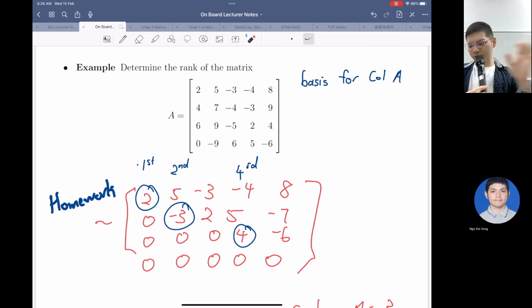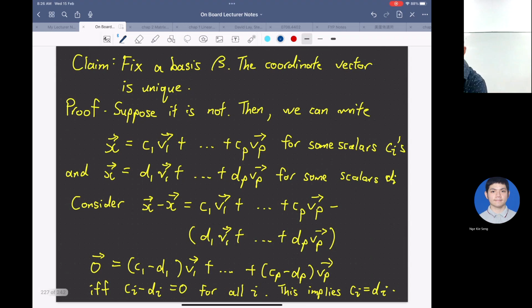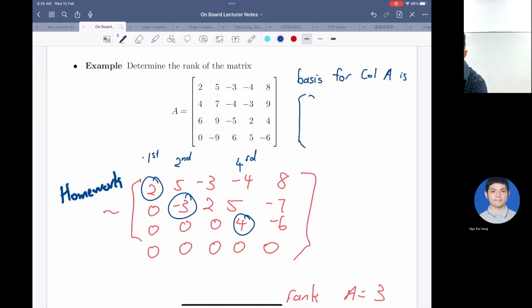A, okay? So you need to pick from A. So the basis for Col A is, let me see, what's the definition of basis again? It is 2, 4, 6, 0, 5, 7, 9, minus 9, and then it's zero.